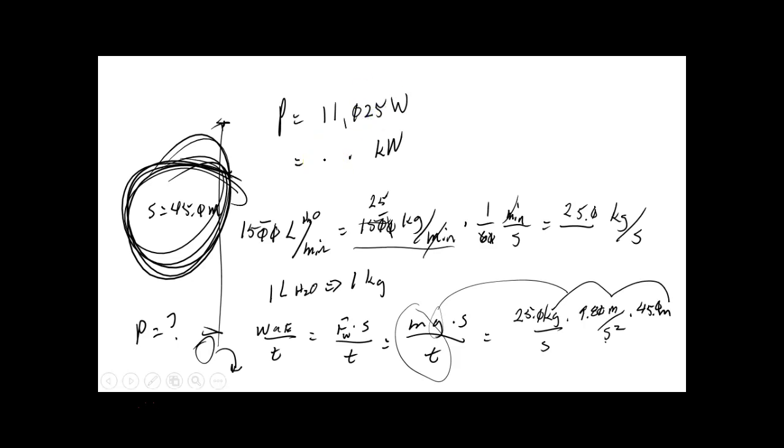And then convert that to kilowatts. Take my decimal. So 11. And you need one more. 0.0. Look to the right. That's less than 5. Throw it away. So 11.0 kilowatts.